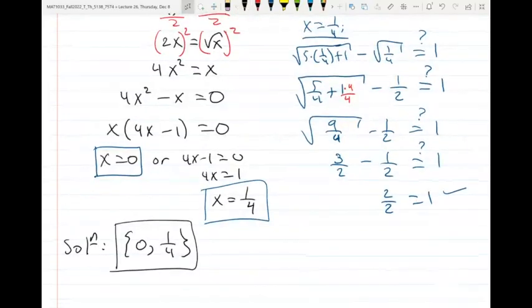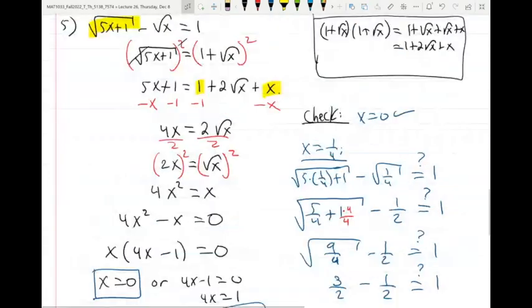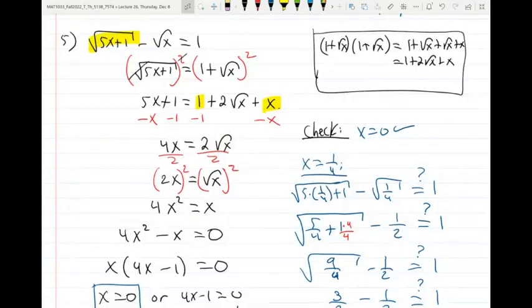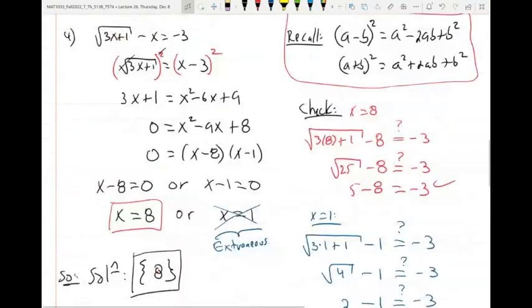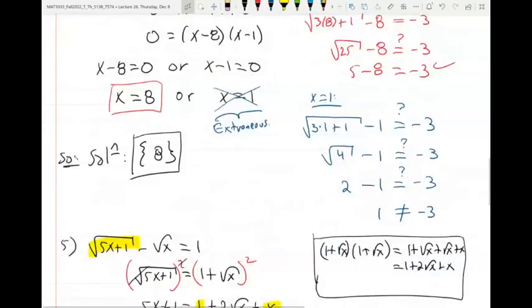Okay, questions? So this is how you solve. I guess I would say number 5 would be the most complicated case that you're gonna see. So if you understand how to do number 4 and number 5, you are more than good.